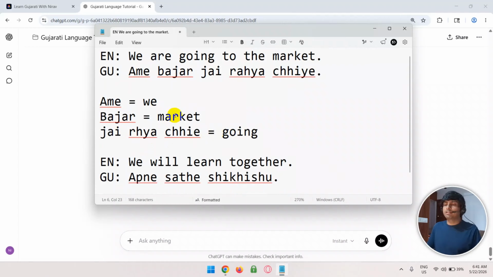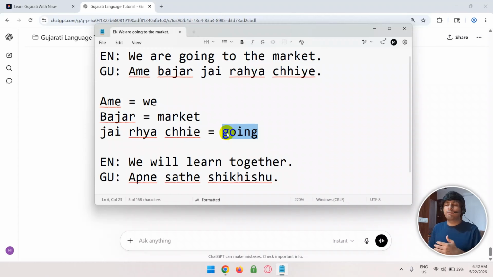So now you understand. We in Gujarati we say ame. For market in Gujarati we say bazaar. For going we simply say jai rahya chiye. To go somewhere in Gujarati we say javu.